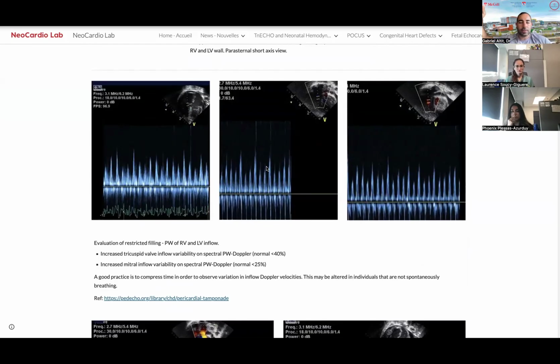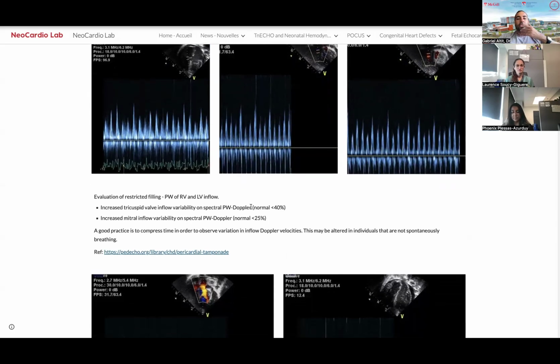They're going to be steady during the breathing patterns, most commonly when you're breathing spontaneously, but even in some intubated patients, changing intrathoracic pressures should not change these inflow velocities that much. So if you start having a lot of variability, it means that you may have a tamponade physiology because the venous return is coming into the ventricles in an erratic way. Okay, does that make sense?